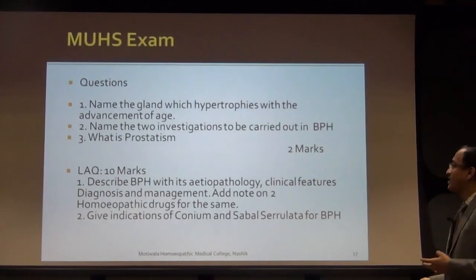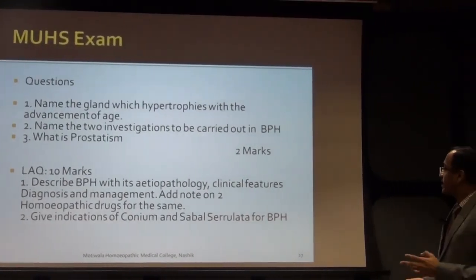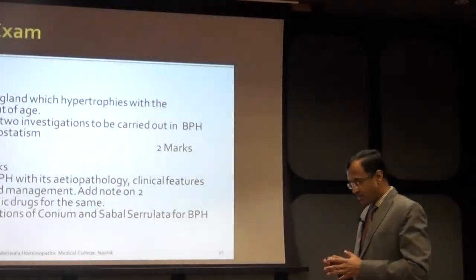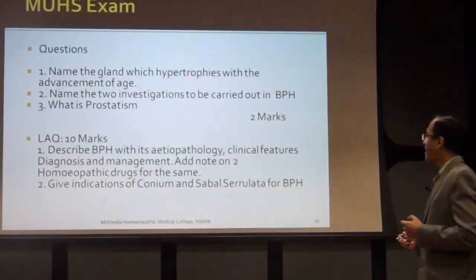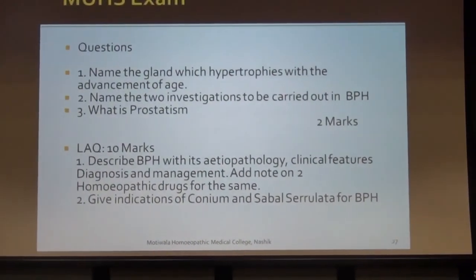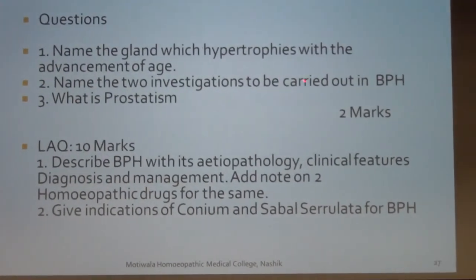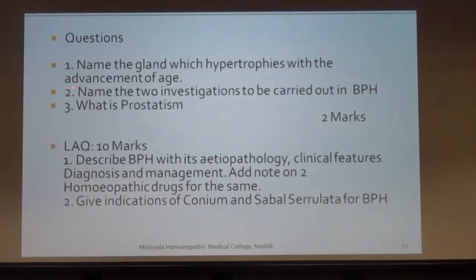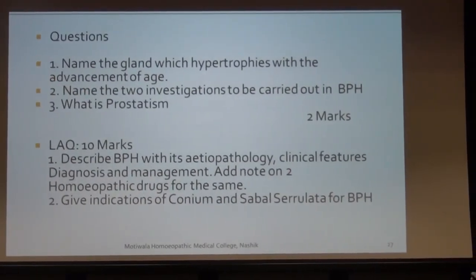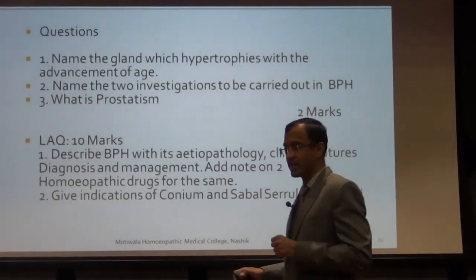Right? In MUHS you will find that various questions related to this topic can be asked, like: name the gland which hypertrophies with the advancement of age. The only gland will be the prostate. So for 2 marks you will find such a question. Name the 2 investigations to be carried out in benign prostatic hypertrophy.